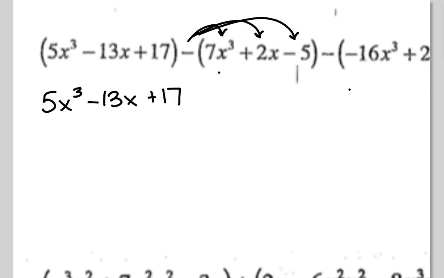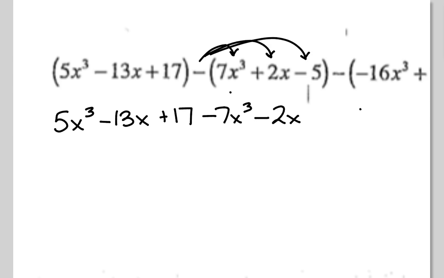So you have to subtract the 7x cubed, you have to subtract the 2x, and you have to subtract the negative 5. And I find that if you whisper to yourself while you do this, it actually helps. So you got a minus 7x cubed minus 2x, and you got a minus negative 5. If you have to minus a negative, you're plussing.